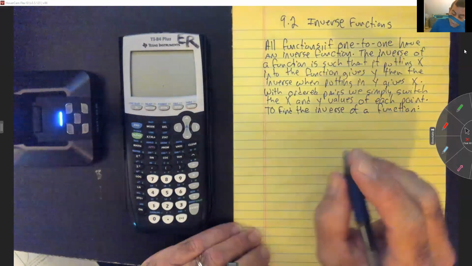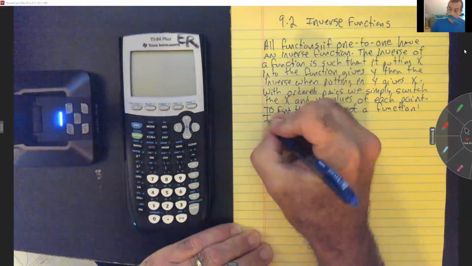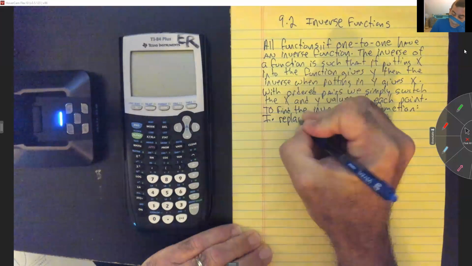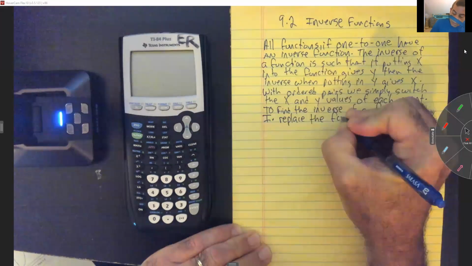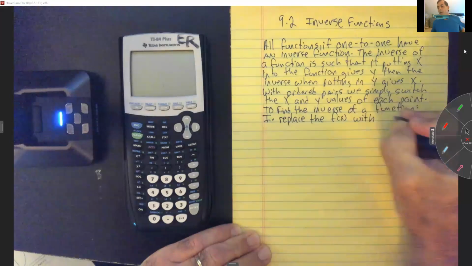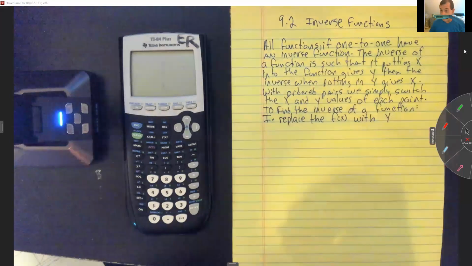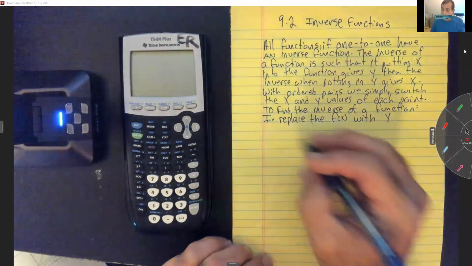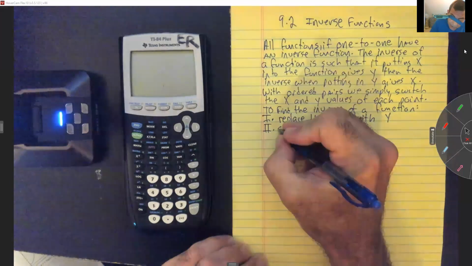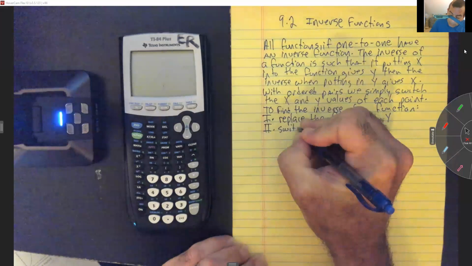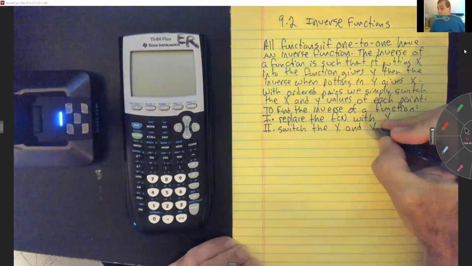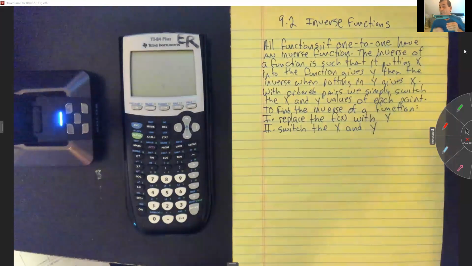So the first thing we do, we replace the f of x notation with a y, because remember, f of x and y are the same things, basically. Second thing we're going to do, we're going to switch the x and the y. So if we had y equals 3x, we're going to switch them, and we'll have x equals 3y.